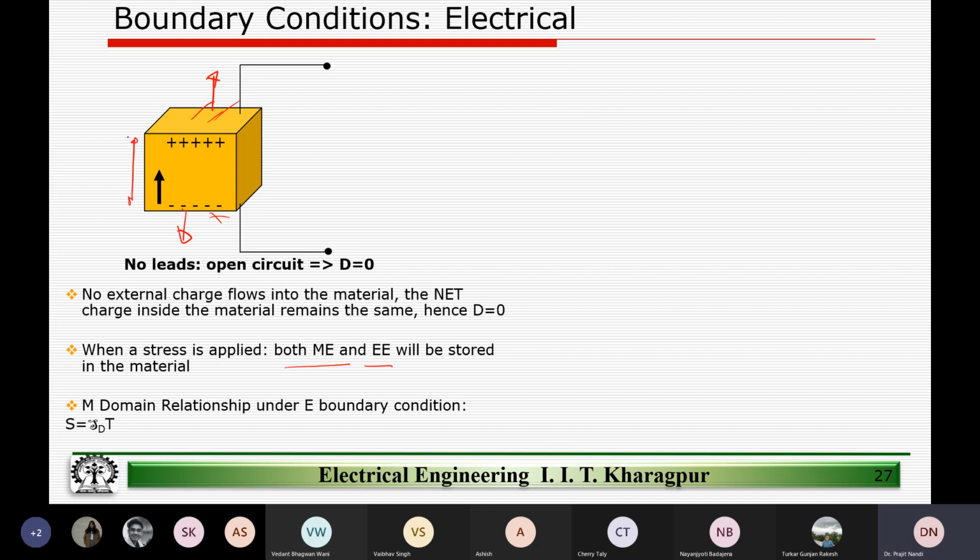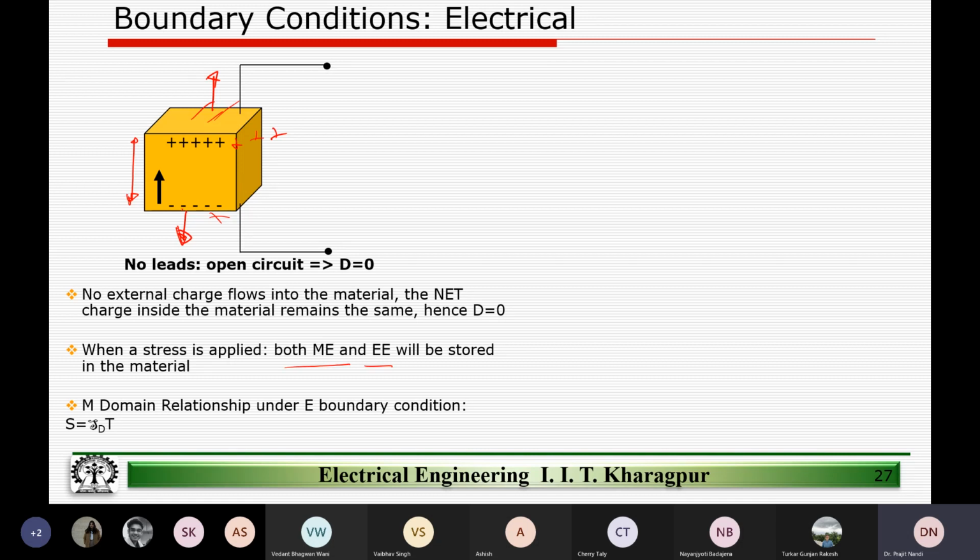And because of that, there is some mechanical energy we are storing in the material itself by virtue of stretching, right? And on top of it, because it's piezoelectric, when we are stretching the material, what is going to happen to the number of charges on these two plates? We have discussed this. If you are stretching it in this direction, the number of charges will increase. But please keep in mind, increase or decrease is not important in this case.